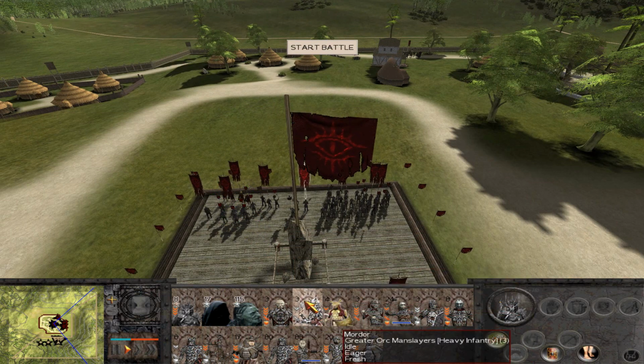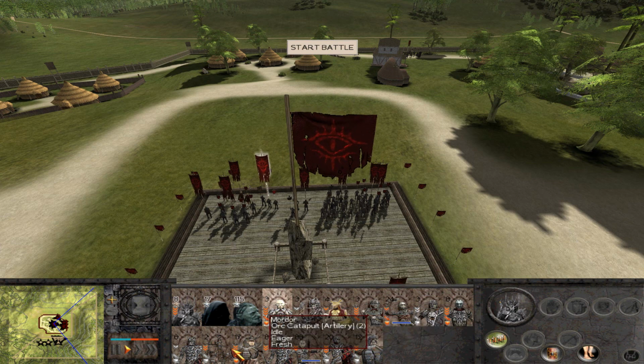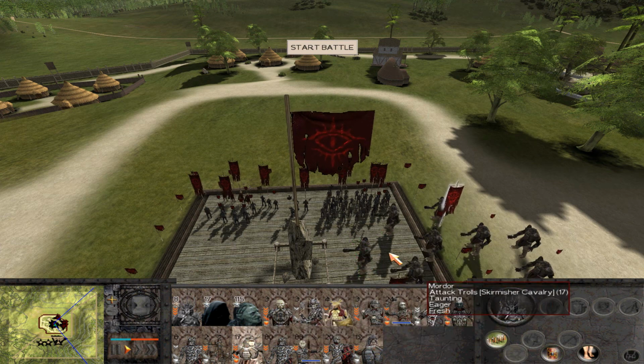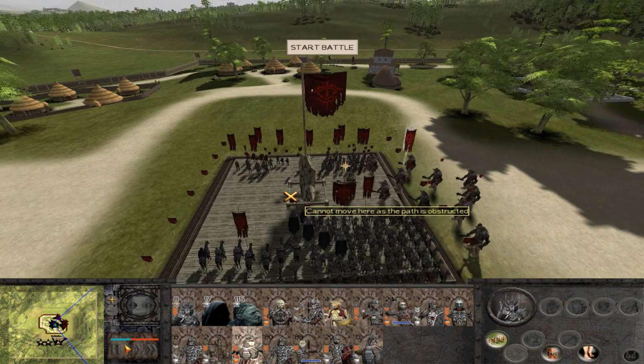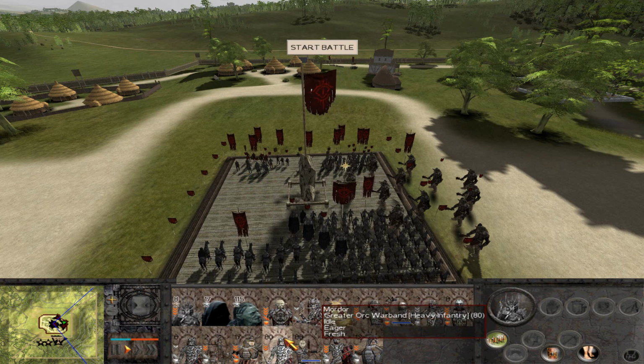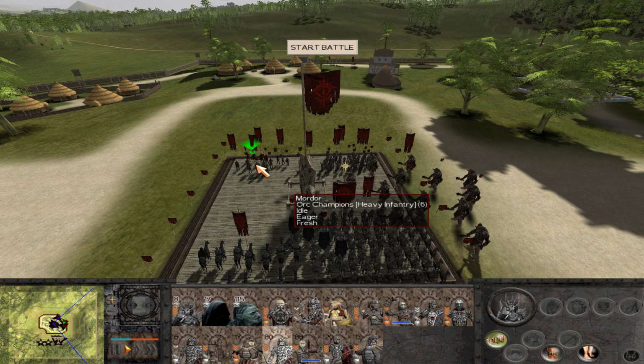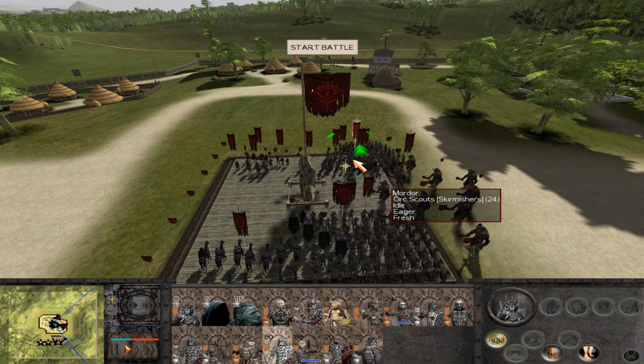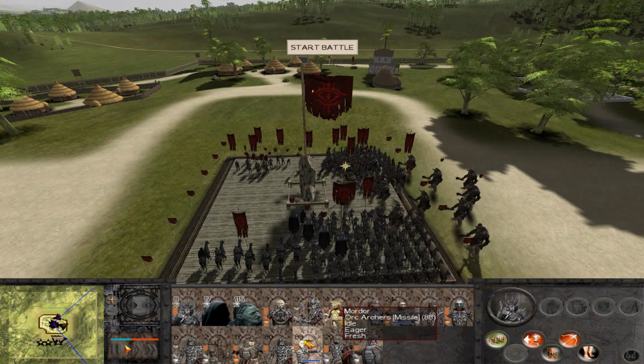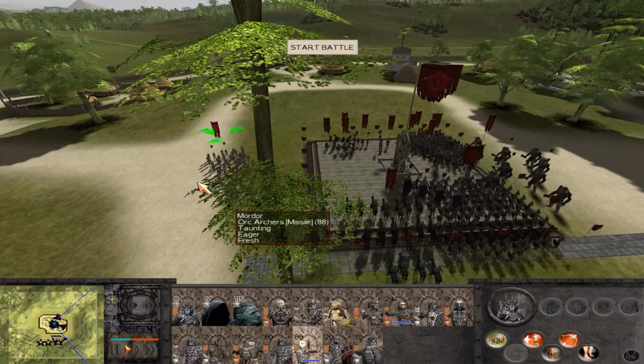Okay. We have a troll unit. That could be useful. Archers.